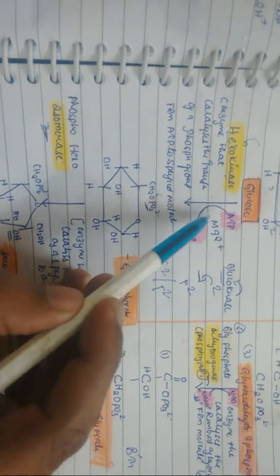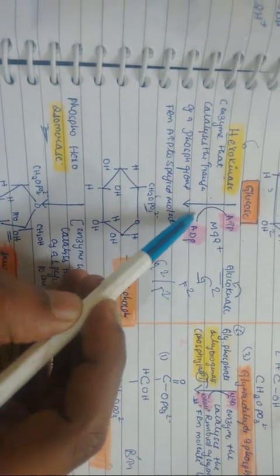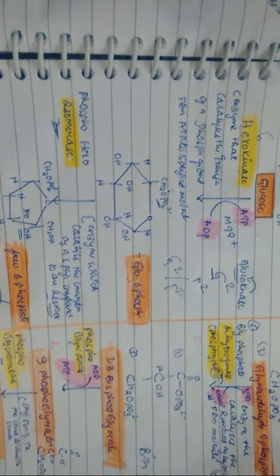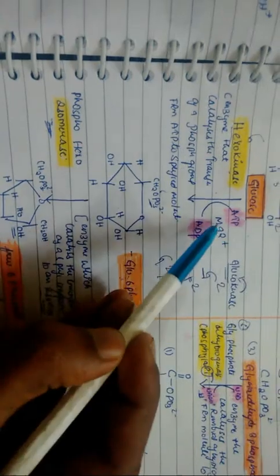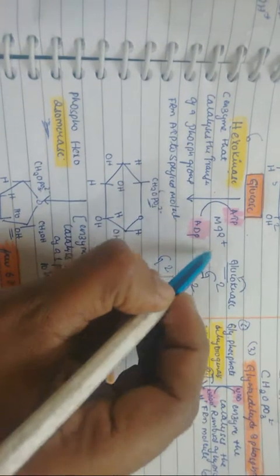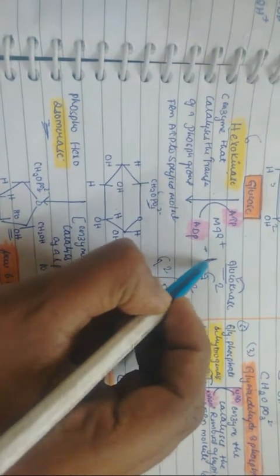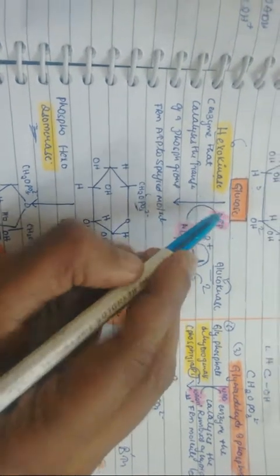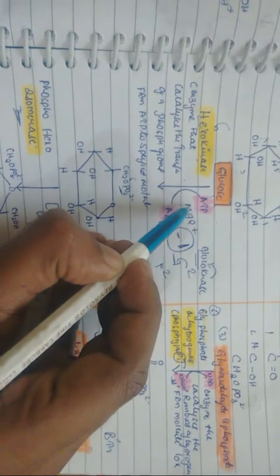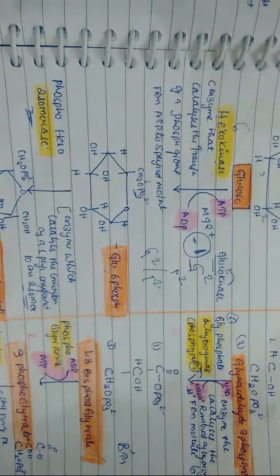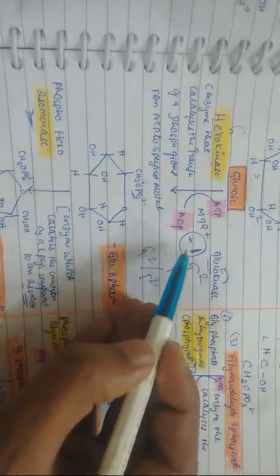Based on the kinase we don't know whether ATP is utilized or given. But if you observe here, one ATP is utilized in this step. This is -1, because the glucose is pulling out phosphate from this ATP.